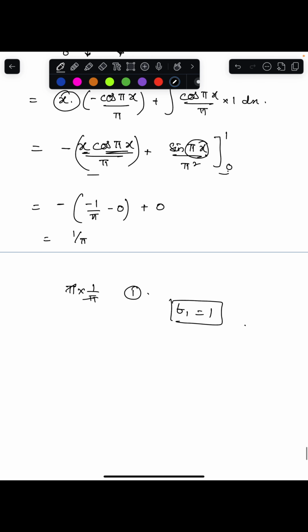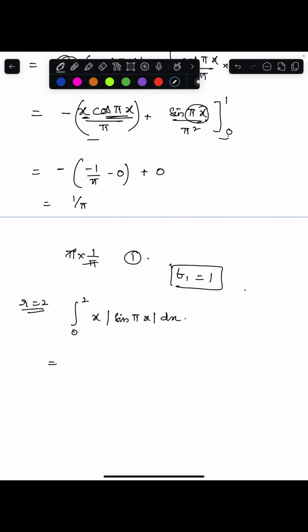Okay. Next, if I take r equals 2, the second term I'm considering, I will get 0 to 2, the same integration, x mod sine pi x dx. But all I need to do is, 0 to 1 it is clearly positive, right? Because this inside value is between 0 to pi.